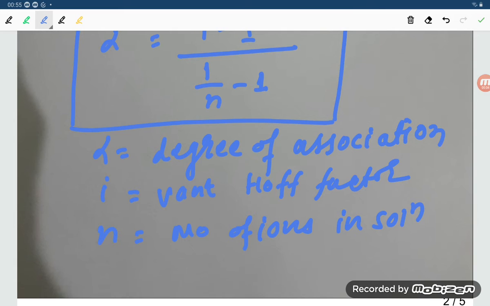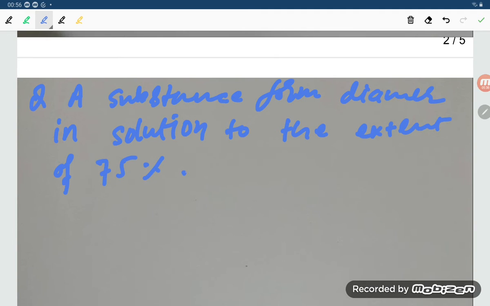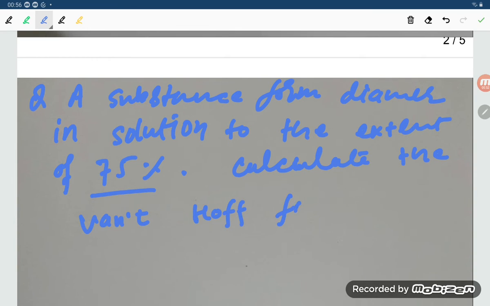The question is: a substance forms a dimer in solution, to the extent of 75% association. Calculate the van't Hoff factor.